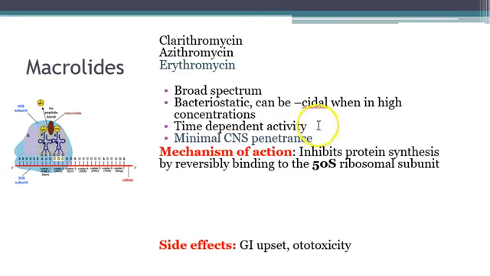They offer time-dependent activity, but minimal CNS penetrance, indicating that these drugs may not be appropriate for something like meningitis. The mechanism of action is to inhibit protein synthesis by targeting the 50S subunit. Major side effects of the macrolides include GI upset as well as eye toxicity.